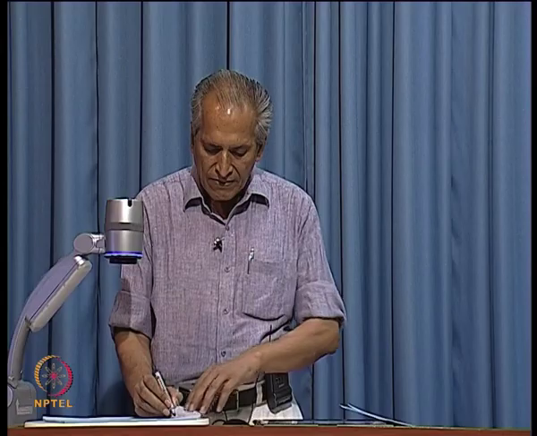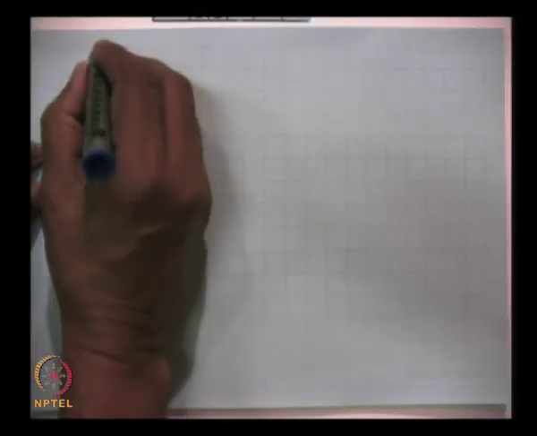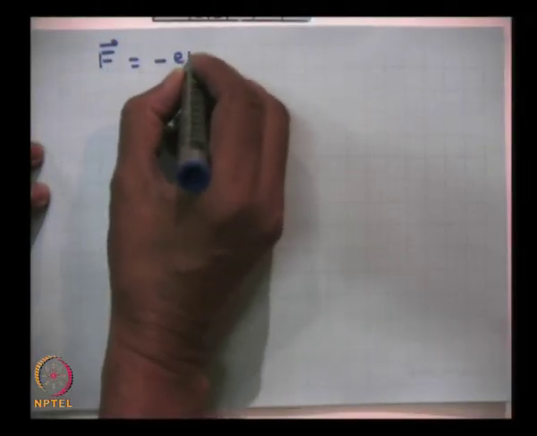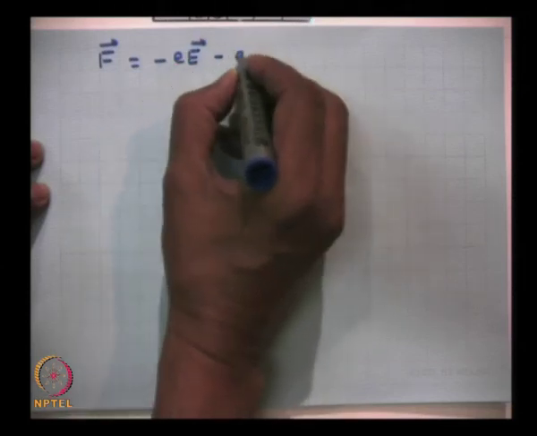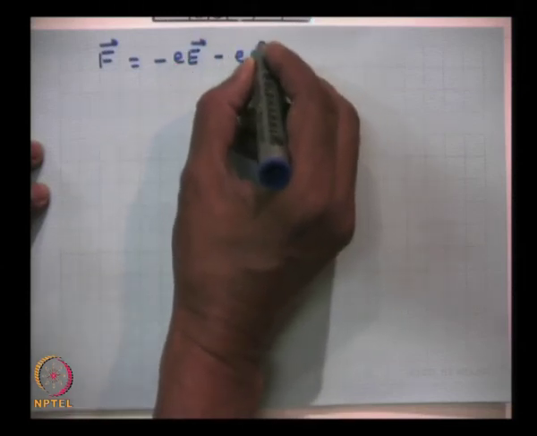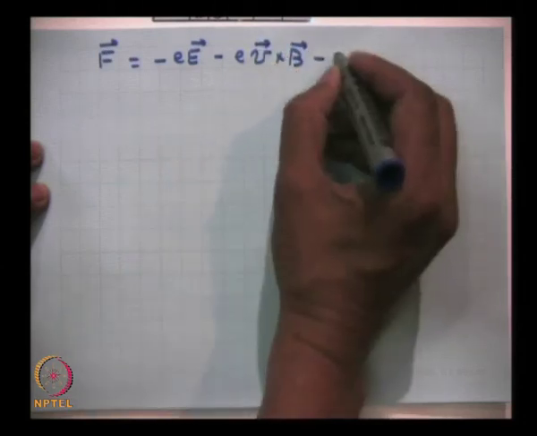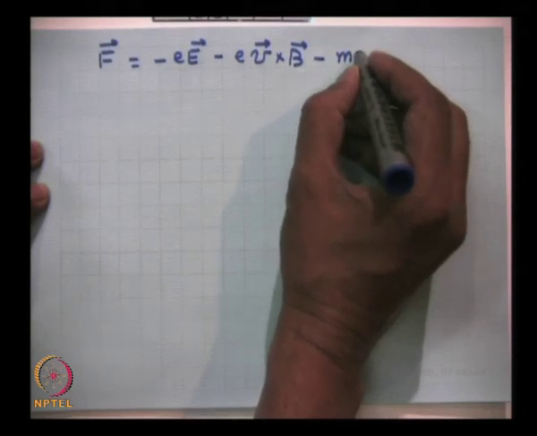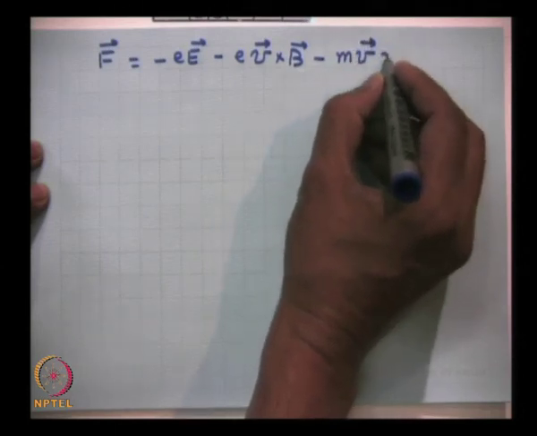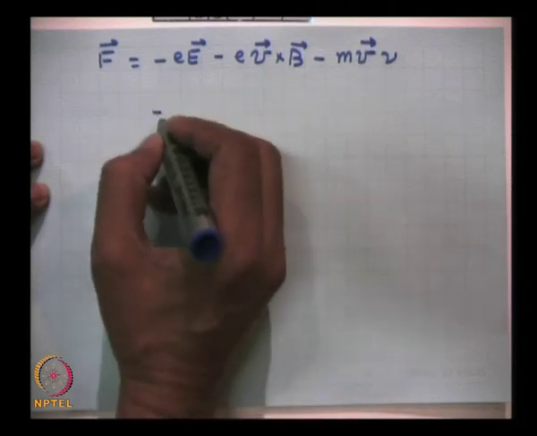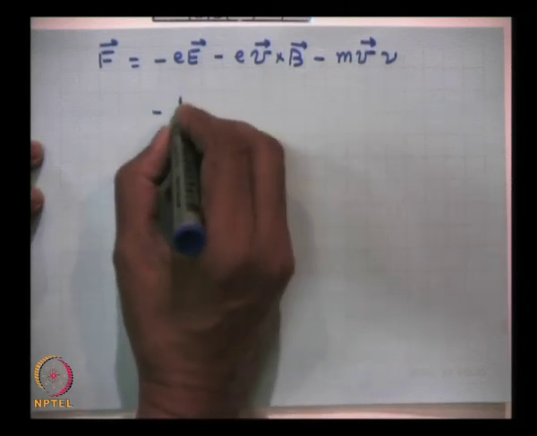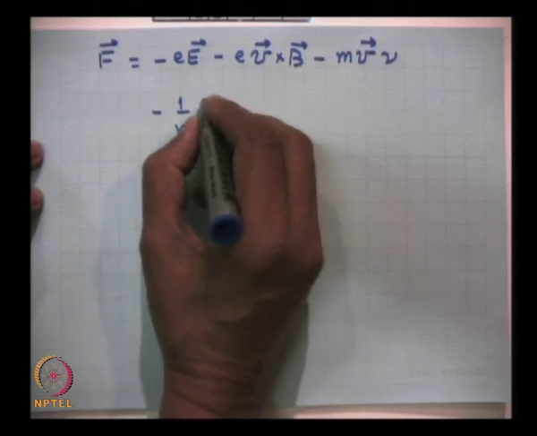So now we have found typically 4 forces that an electron will experience, and I can summarize them. F is the electric force, the magnetic force v cross B, then there is a force due to collision drag which is m v nu, and then there is a force due to pressure gradient which is minus 1 upon n gradient of n Te.